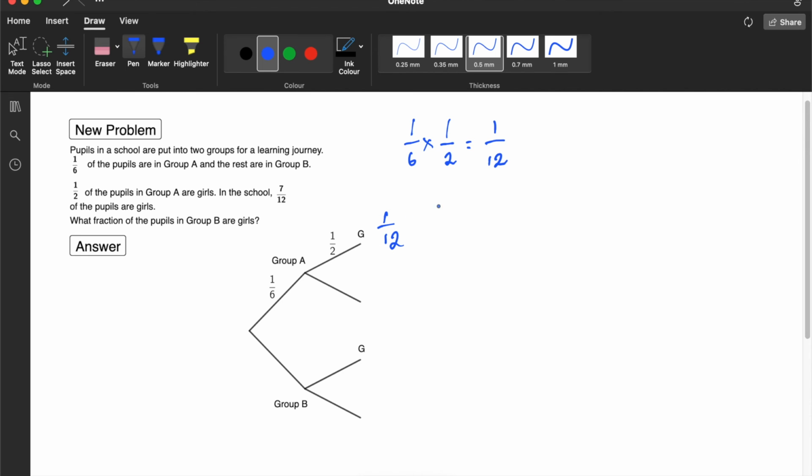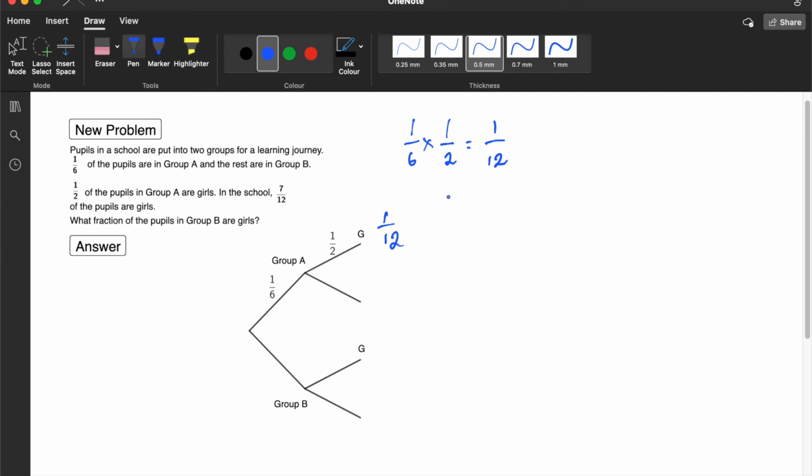What does it represent? This 1 over 12 is actually referring to the fraction of girls from group A, right? Because this branch is girls and group A out of the total number of students in the whole school. And then we are told further that 7 over 12 of the pupils are actually girls.